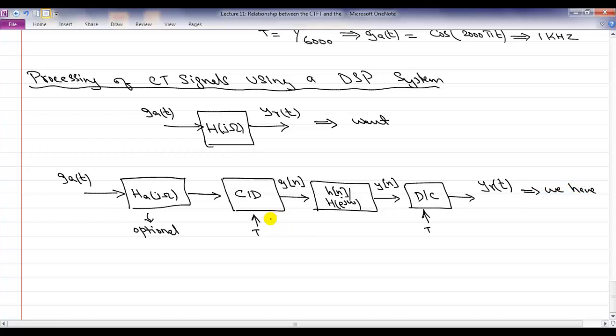So how do we convert the continuous time specification that we really want into this discrete time specification? In order to do that, the first thing we need is to know what h of j omega is.